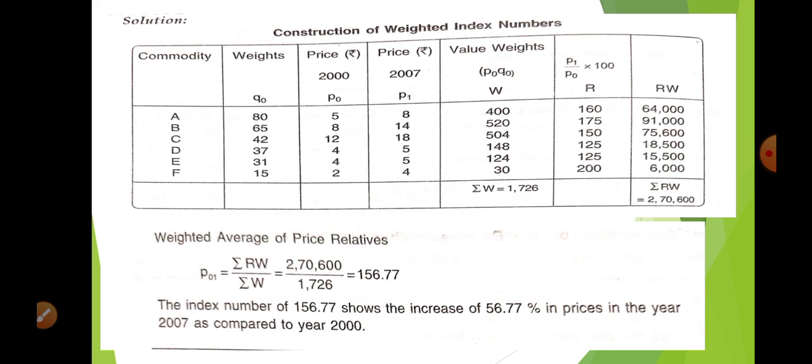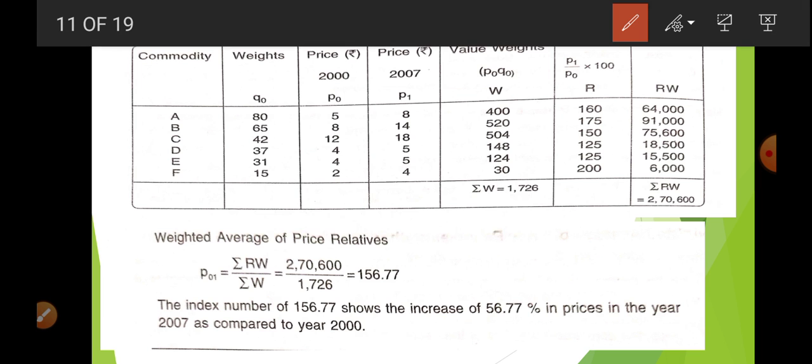So let us do this question. Here you can see A, B, C, D, E, F, 6 commodities are given. Their quantities are given. Now prices are given in 2007 and 2000. Okay, so 2007 is your P1 and 2000 is P0. And this Q is your quantity.